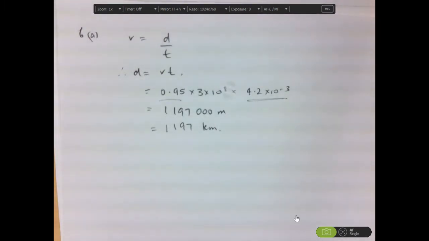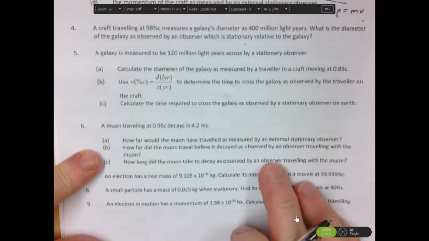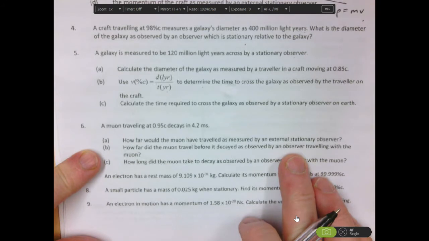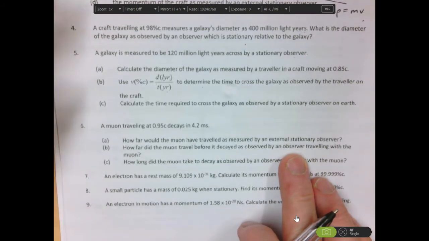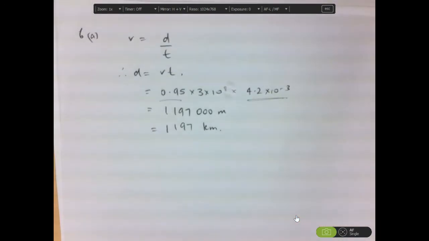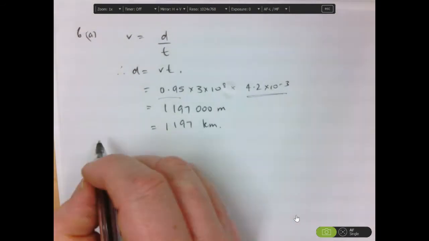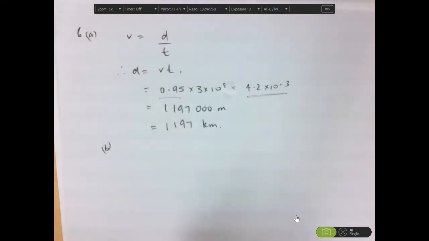Rightio. So the second question is, how far did the muon travel before it decayed as observed by an observer traveling with the muon? So the muon will decay in 4.2 milliseconds. So we're going to apply relativity to all of this.